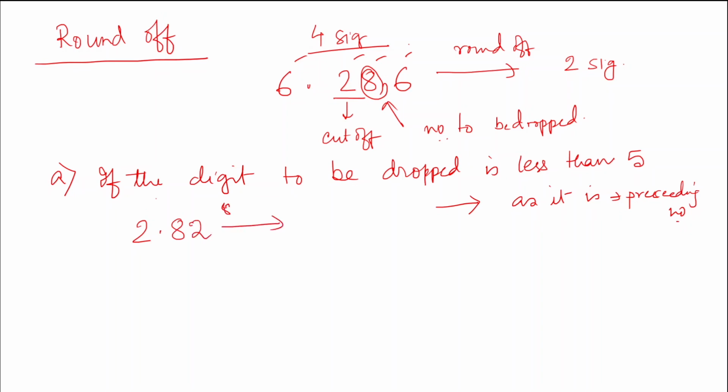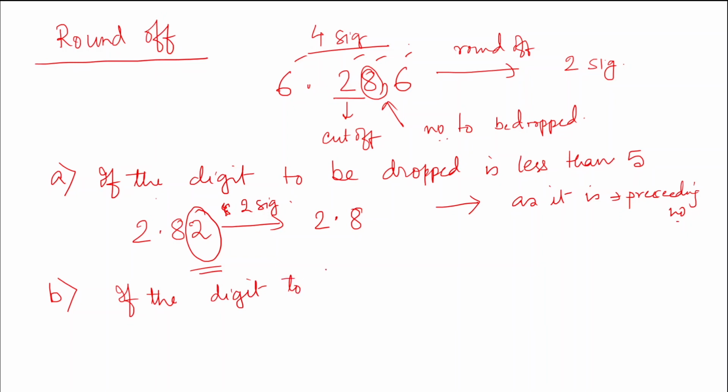Okay, so here you have to convert into two significant digits, right? So we'll write it as 2.8 because 2 here is the digit that has to be dropped, it is less than 5. So इसका preceding number है 8, it will remain unchanged, so 2.8 has been converted into two significant digits.